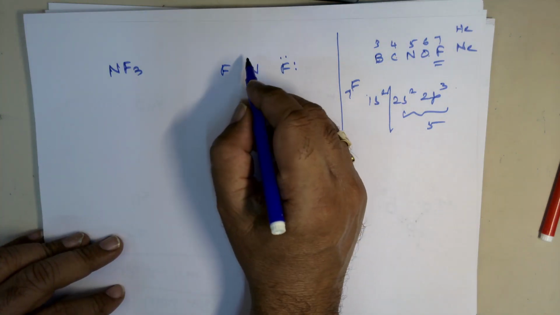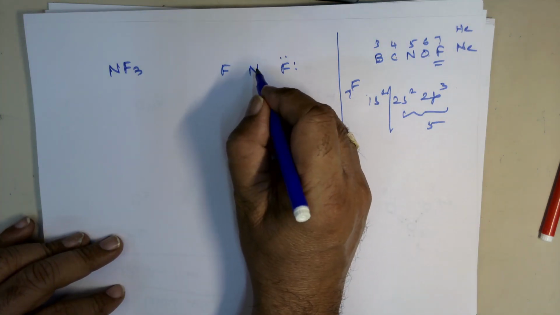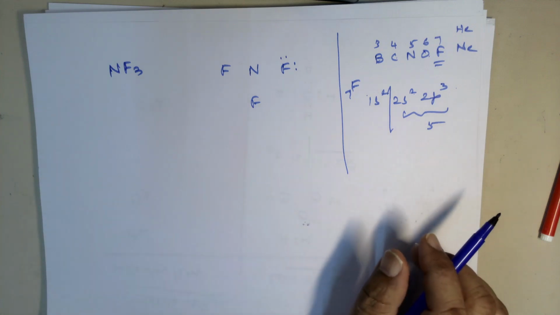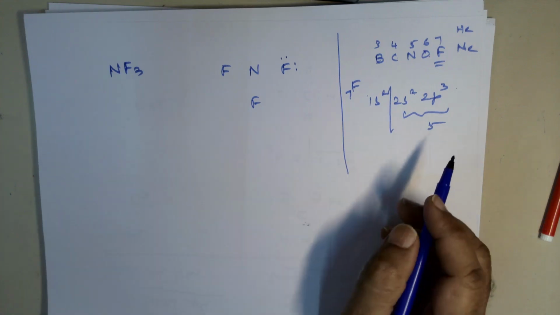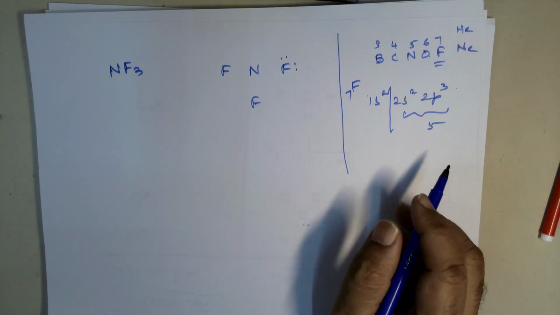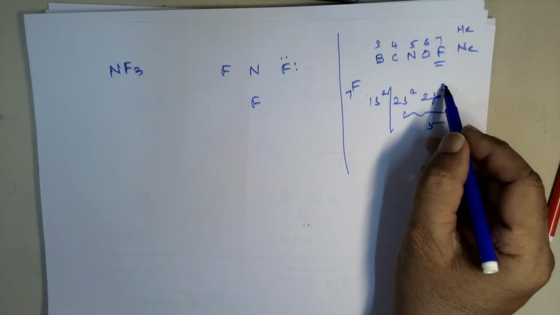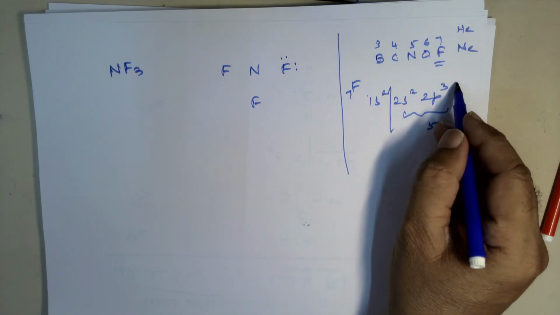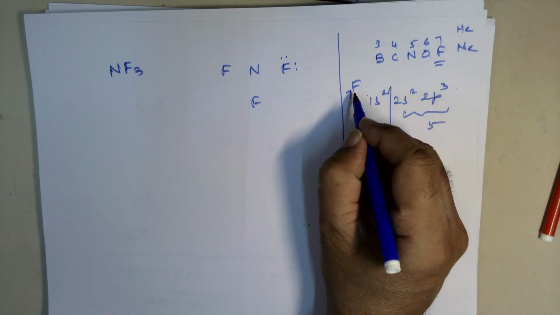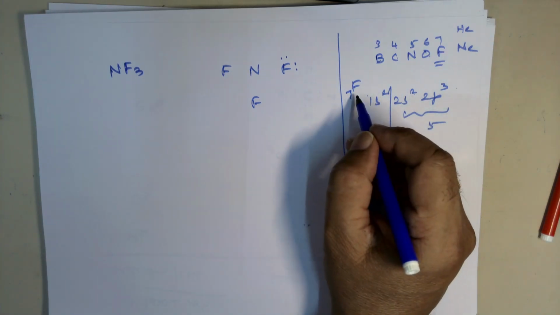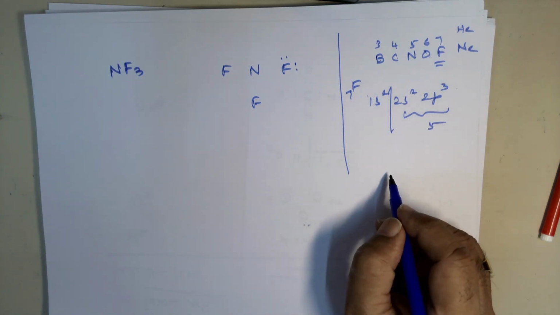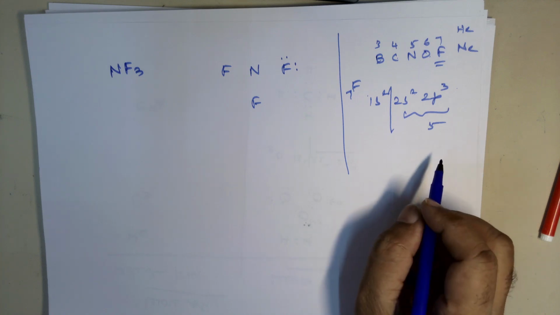What is the valency for nitrogen? I think it should be, is it 7 or 9? Fluorine. Nitrogen, how much? 7.